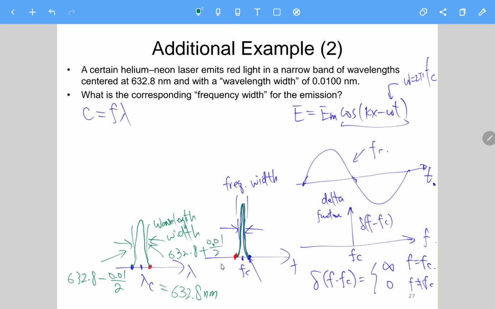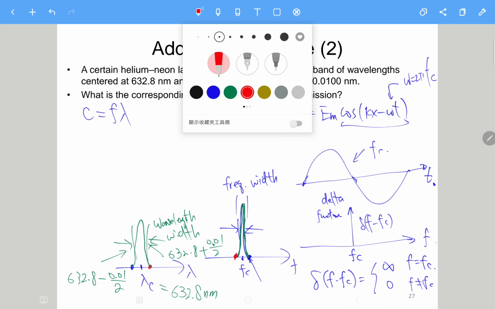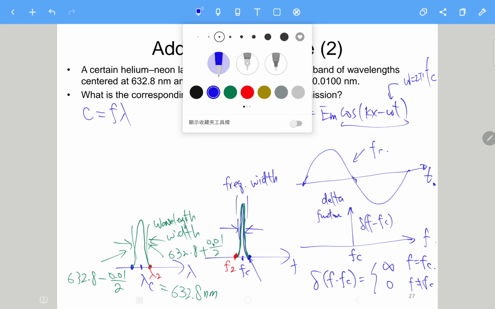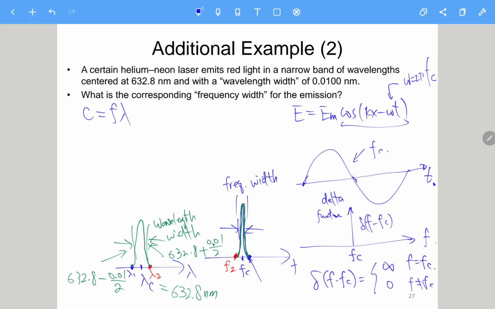f equals c over lambda. So we have a lambda 2, corresponding to f2, and this one is lambda 1, corresponding to f1.